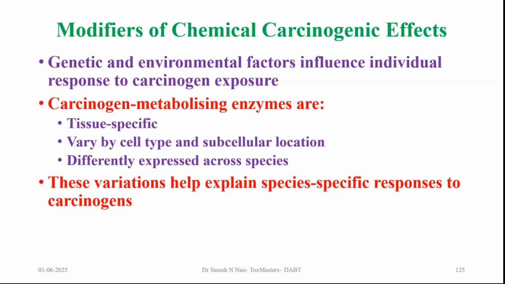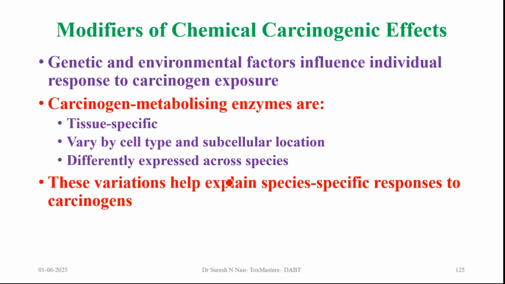Then modifiers of the chemical carcinogenic effect. Certain agents are capable of modifying the already existing carcinogenic agents. Most probably they will be enzymes. One specific enzyme that is present in a particular tissue is capable of converting a procarcinogen to a carcinogen.